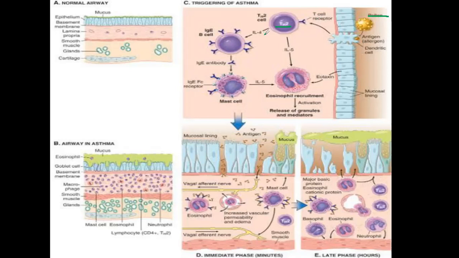Upon presentation, the T helper 2 cells secrete the following cytokines: interleukin 4, interleukin 5, and interleukin 13. Now, interleukin 4 and interleukin 13, especially interleukin 4, will enable IgE class switching, where the B cells will produce immunoglobulin E, which will bind to the Fc receptors on the submucosal mast cells.